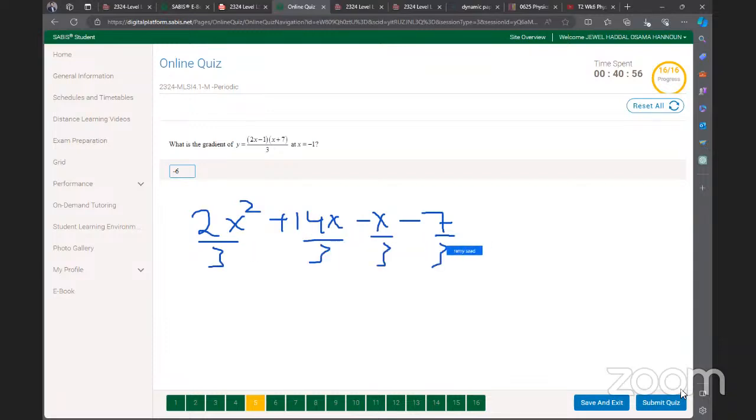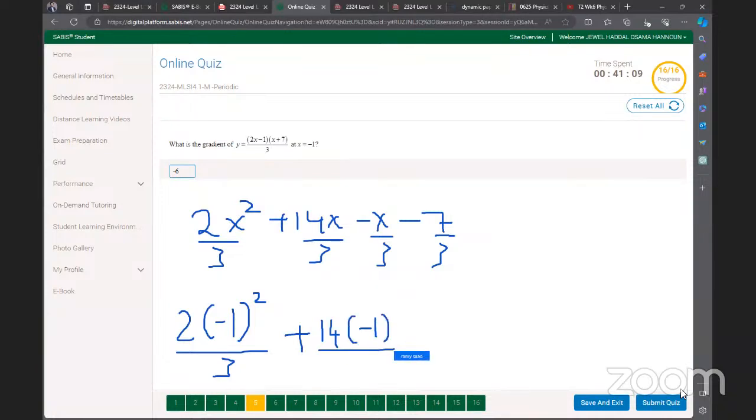I told you, you have to put x in brackets with the power 2 when you substitute by negative 1. Be careful, maybe you did not do it like that. Put it as it is now on your calculator.